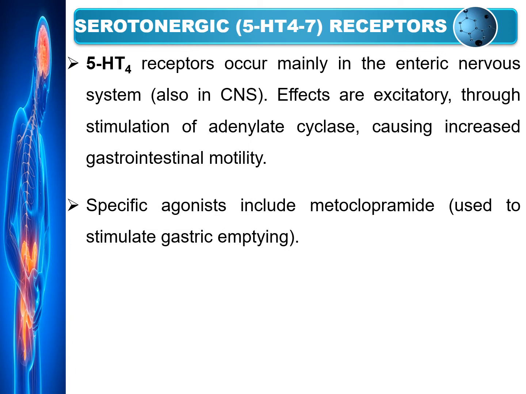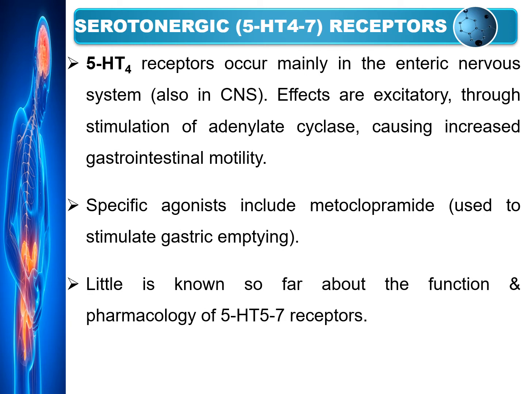The specific agonists of 5-HT4 receptors include metoclopramide, which is used to stimulate gastric emptying. On the other hand, little is known so far about the function and pharmacology of the 5-HT5, 5-HT6 and 5-HT7 receptors.